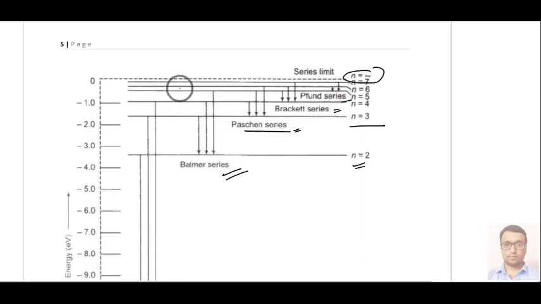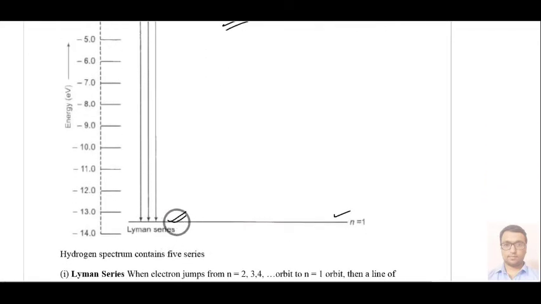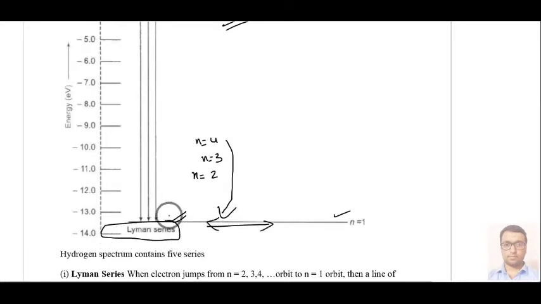If your electron jumps to n equal to 1, it may jump from the second shell, or from n equal to 3, or from n equal to 4, but it should jump to the first orbit, the first shell only. In that case we will call it the Lyman series.